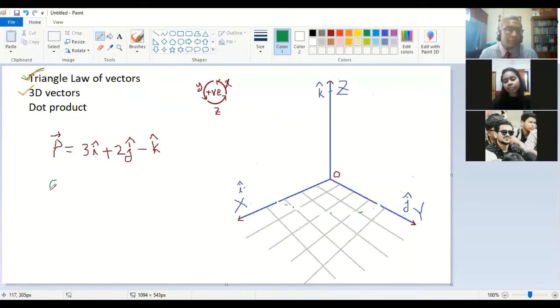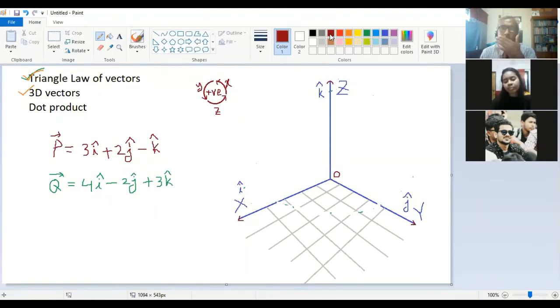Let me give another example, q vector: 4i minus 2j plus 3k. So this is another example vector, q.